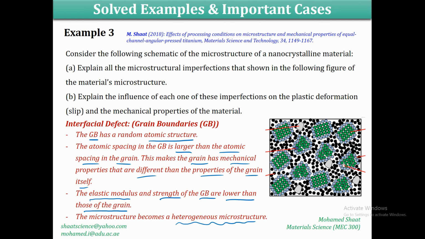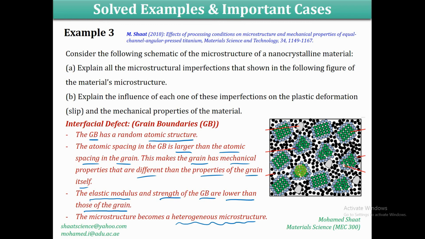The bonding between the atoms within the grain core is very strong in comparison to the bonding that exists between the atoms that form the grain boundary. Or the type of atomic interaction between the atoms that form the grain boundary is weaker than the interatomic interactions between the atoms that form the grain core. This makes the grain stronger than the grain boundary itself.